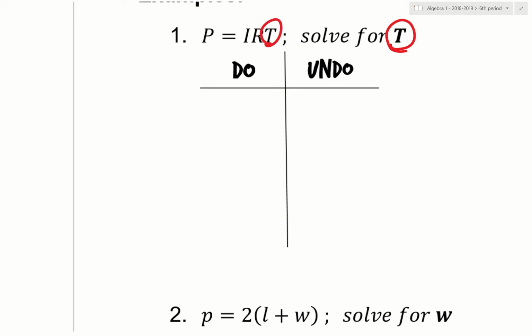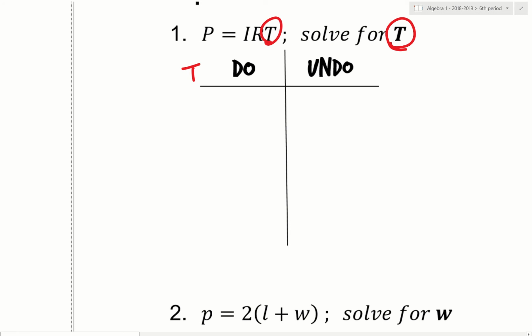That means on the top of my do column, instead of having to write start with T, I'm just going to write T. So what's happening to T up here, guys? Multiplying. And by what? I and R. Sorry. Multiply by I and R. So you took care of your I and your R. What does that leave?